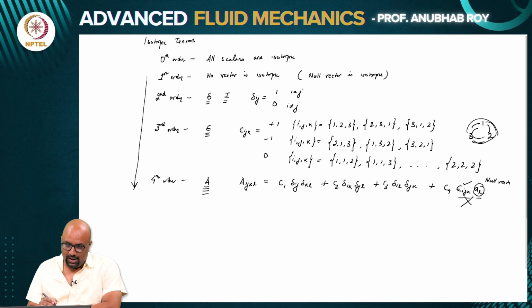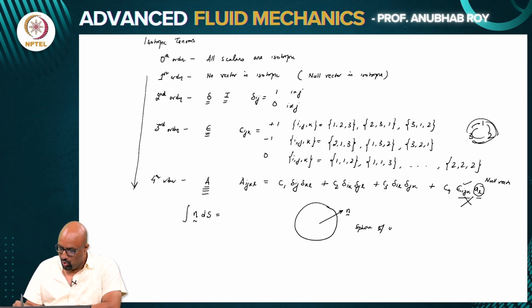So, we will do some integrations to start with. We are interested in an integral of the unit normal. The unit normal is the vector that is pointing from the surface that is drawn, and here I am interested in a sphere of unit radius.